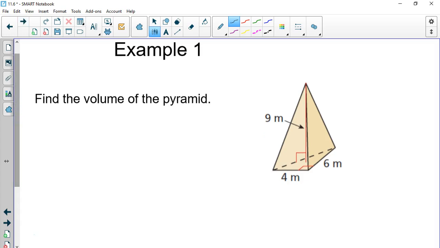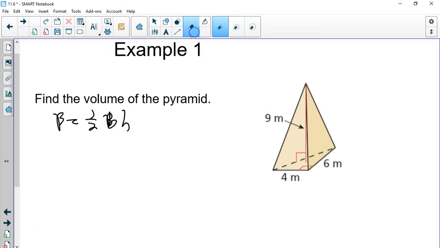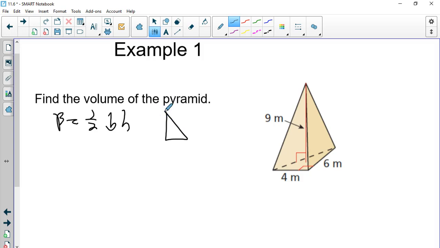So for example 1, first off, we have a right triangle on the bottom. Okay? So the area of the base, being a triangle, is 1/2 base times height. And this can get confusing when we start throwing around the word base multiple times. But we're just looking at this right triangle. Okay? And we're looking at base and height of this triangle, 4 and 6.